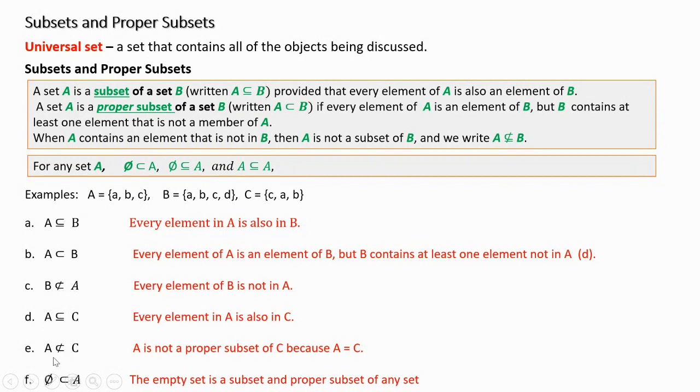Okay, we're here at E. A is not a proper subset of C because A equals C. The definition of a proper subset means that every element of A is also an element of B, but B contains at least one more element. And here, since these two are equal, that's why this is the correct notation with a line across it.